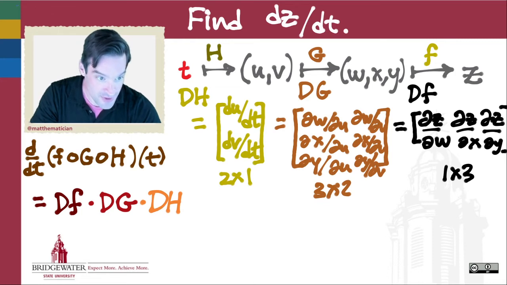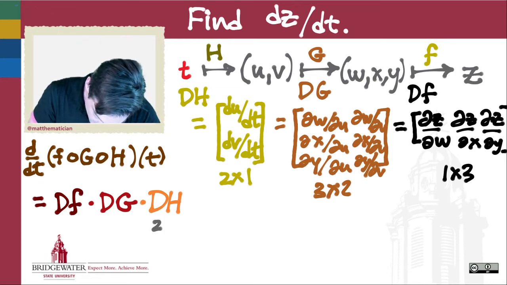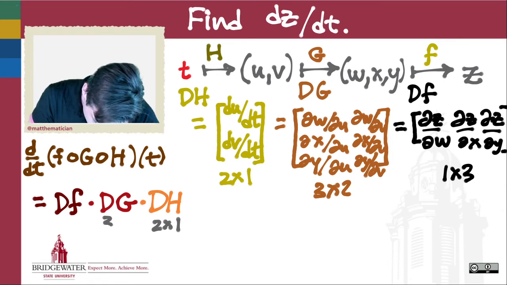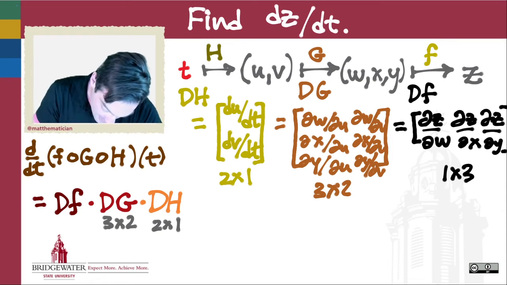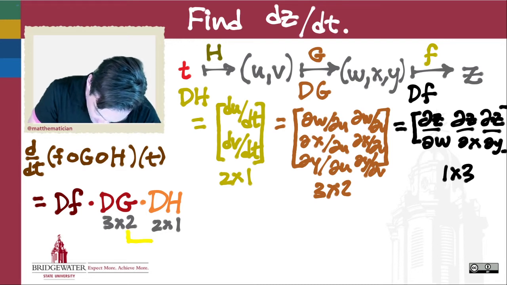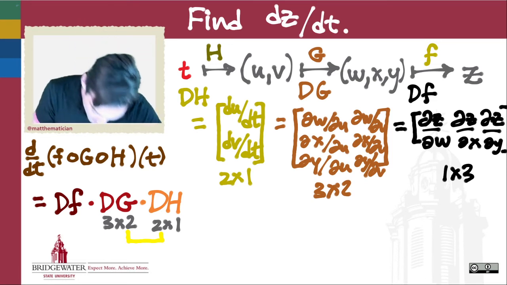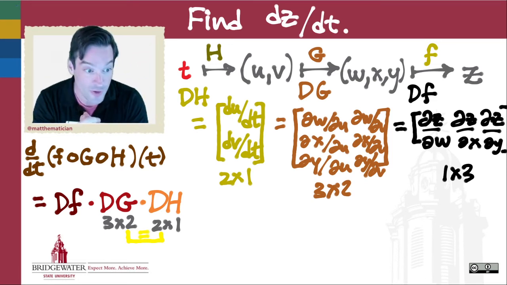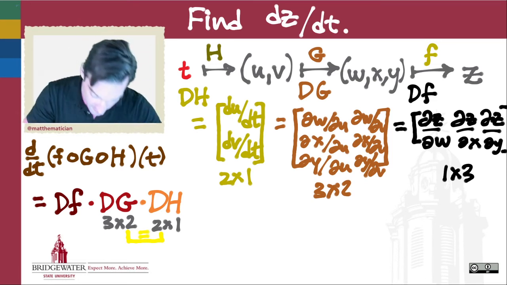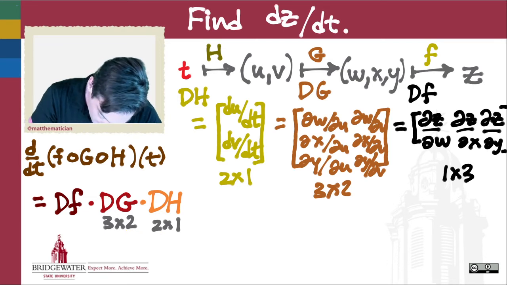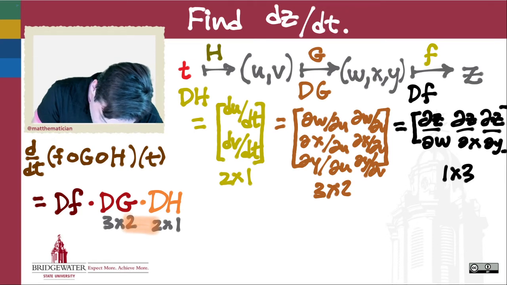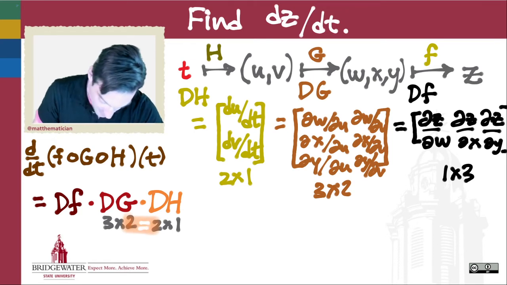Their derivative matrices, dH was 2 by 1, dg was 3 by 2, and those 2 matrices can be multiplied together because dg has as many columns as dH has rows. When you multiply matrices, you need those 2 things to be equal. So that works out. That's good news, it means we can actually do that multiplication.